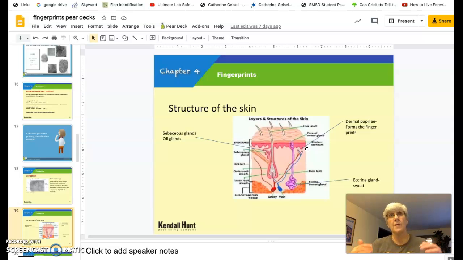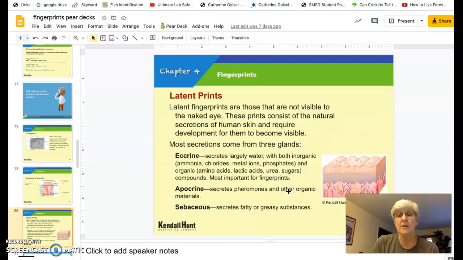So in order for the print to be left on a surface, there has to be oil or sweat present.